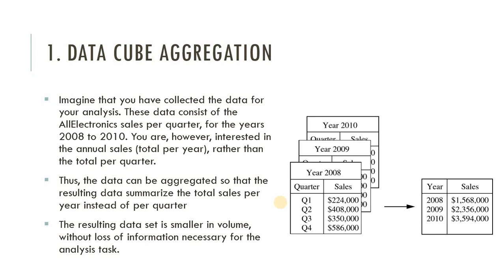So the data can be aggregated so that the resulting data summarize the total sales per year instead of per quarter. So we aggregate our database, or we can say we summarize our database such that it contains only those attributes in which we are interested, such as year and sales. So this is a whole data set, and we are summarizing that data set into a small data set which contains only 2 attributes, which are year and sales.